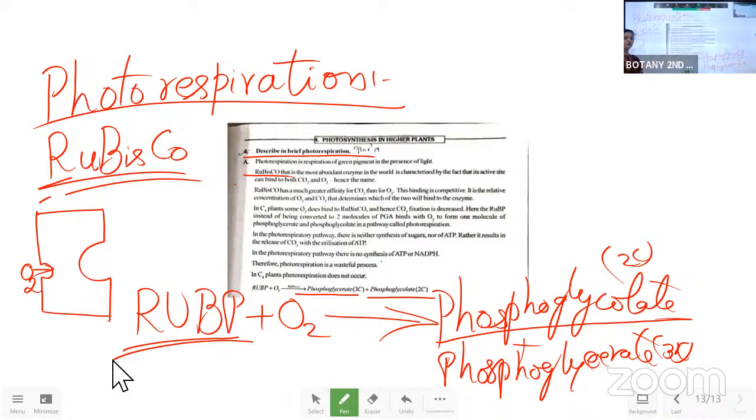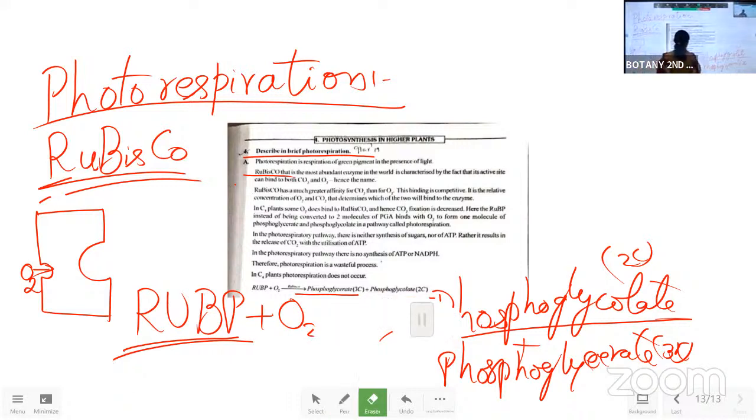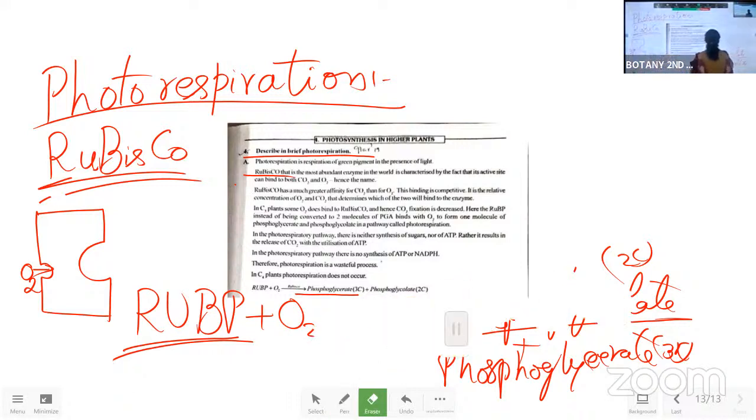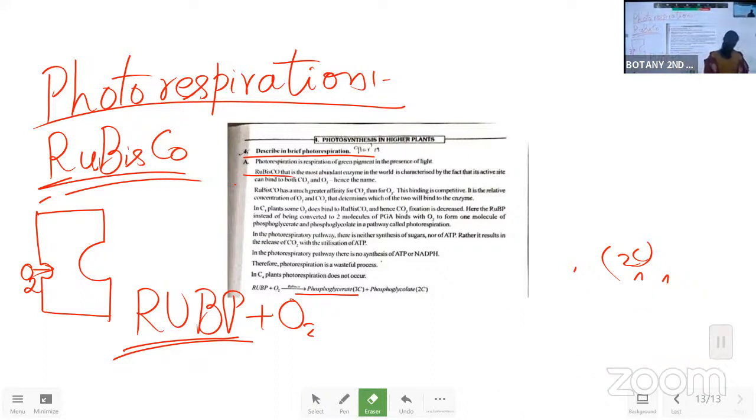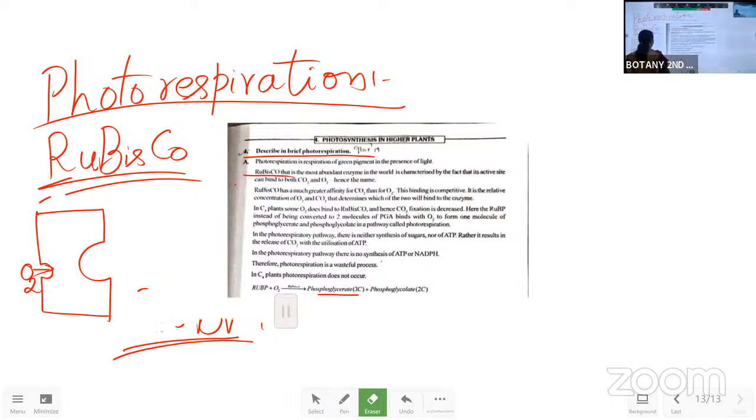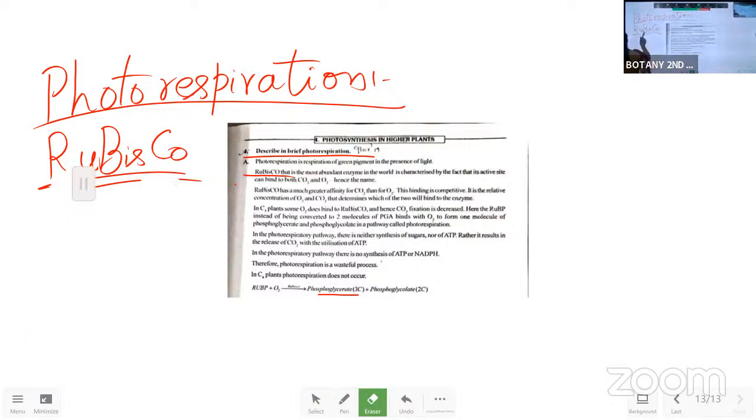The respiration always requires energy, so the ATPs are going to be consumed more for this photorespiration process, which is a wasteful process during the daytime for the plant body. Only during the daytime, not all the time.